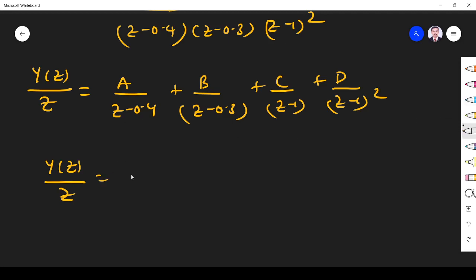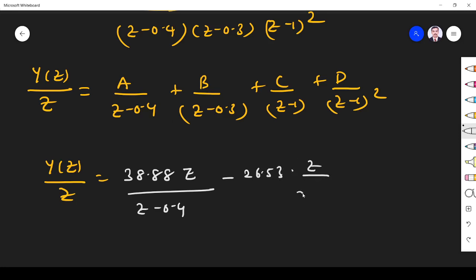Now find the A, B, C, D values by using the partial fraction technique, which I hope you know. You will get A as 38.8. Now I bring this z this side, so everything should be multiplied by z divided by (z minus 0.4). B is 26.53, so z by (z minus 0.3).